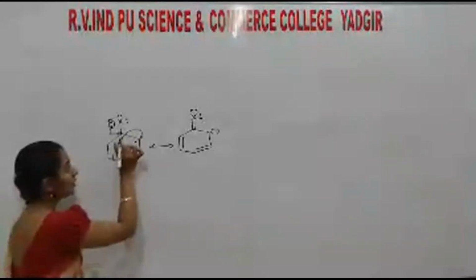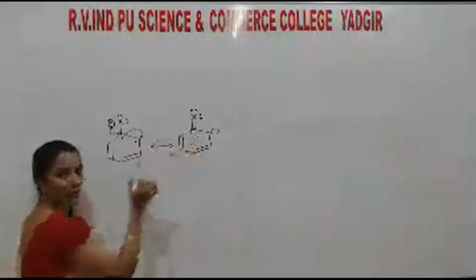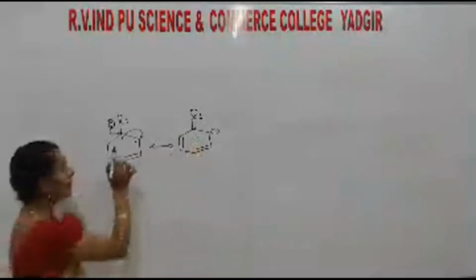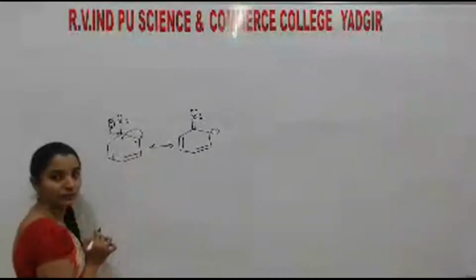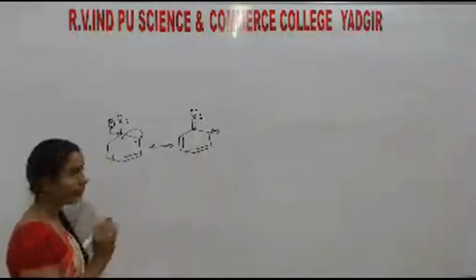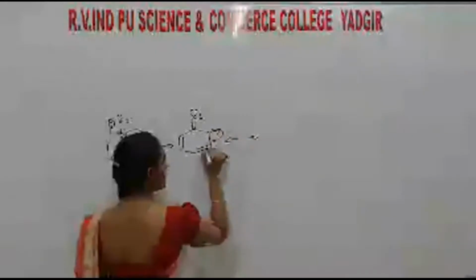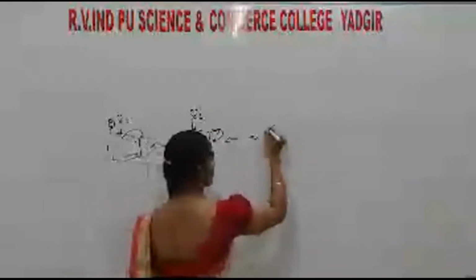Okay, so as I told you, when the double bond is formed, then it gets valency 5. So that's why this carbon shifts electrons here. Then the extra electron here means that is a minus charge. Next, later what happens? These electrons shift here and these electrons shift here. Same, the resonance happens.